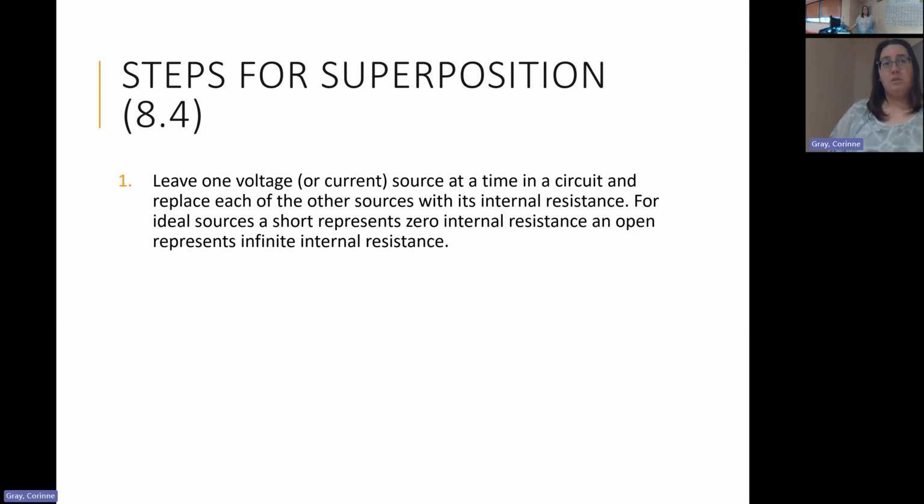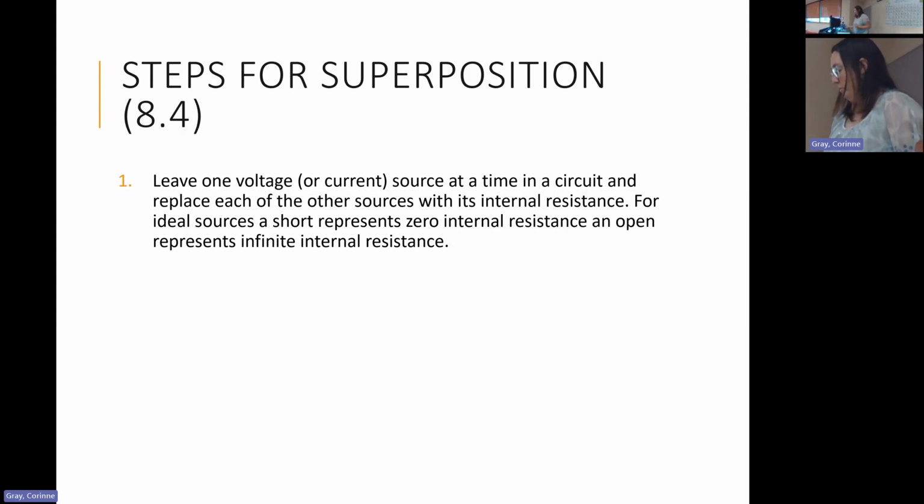There are 4 steps for superposition. First, you're going to have your circuit. In the case of superposition, you're always going to have multiple sources in some way, shape, or form. You decide which source you want to start with, and then you take out all other sources. For an ideal source, a short represents zero internal resistance, and an open represents infinite internal resistance.